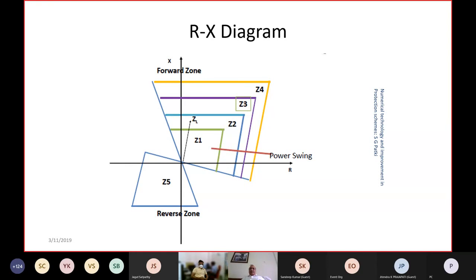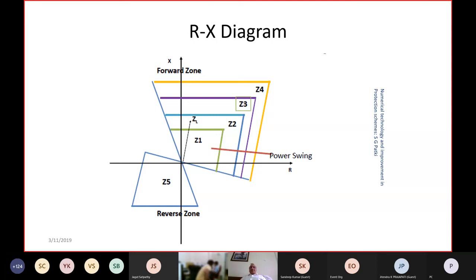The factors which are governing X, how X will influence, I will explain more. And also the R value also gets influenced by many factors, and because of which each characteristic has some limitations in terms of correct operation and accuracy of the distance measurement.